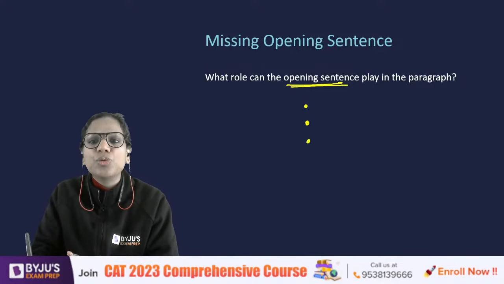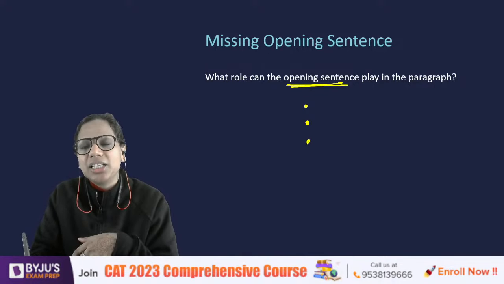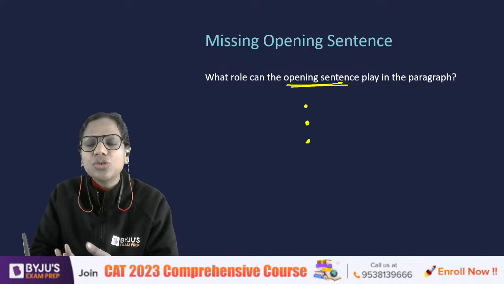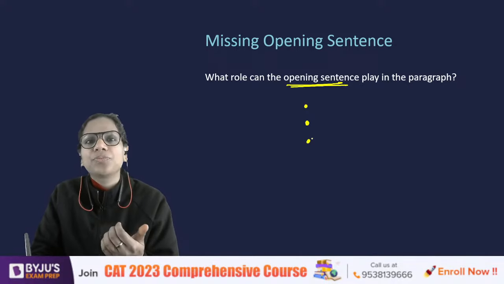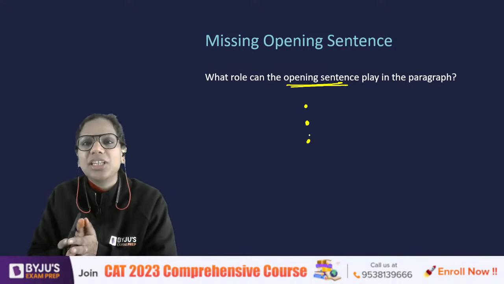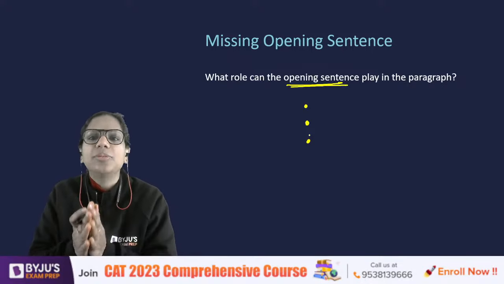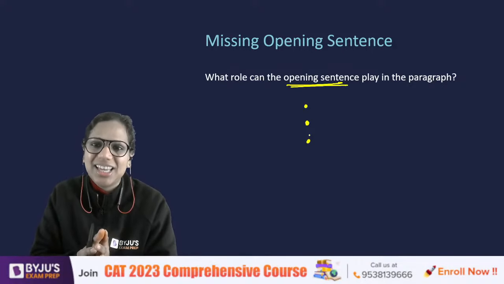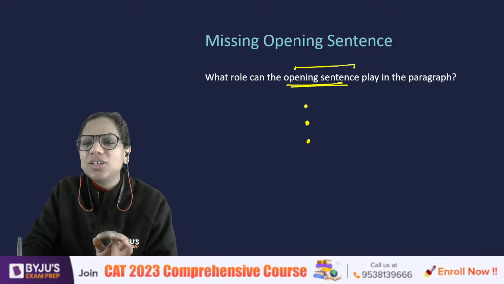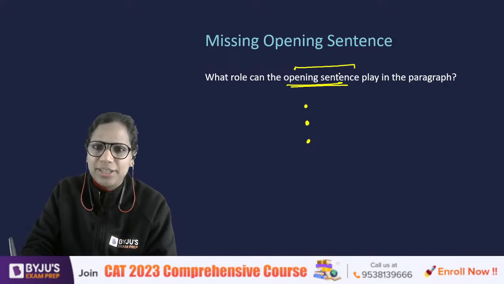It can probably continue a previous idea, but in a fresh light. So that element of introducing something or carrying forward an idea in a fresh light will usually be there in the opening sentence. And that is why this is relatively easier to identify.